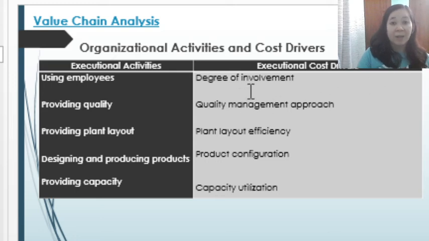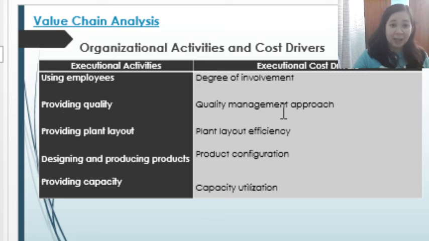You have the degree of involvement. Meaning, if the employees extend additional hours, you have to pay them overtime or other additional pay to compensate their degree of involvement.